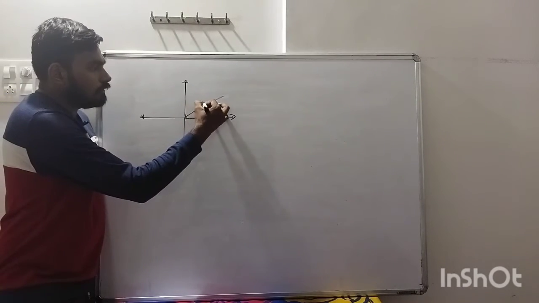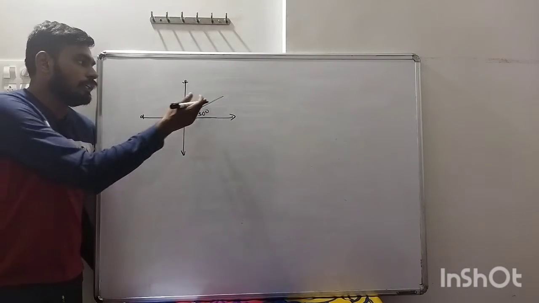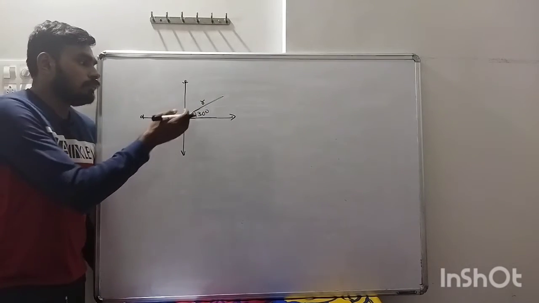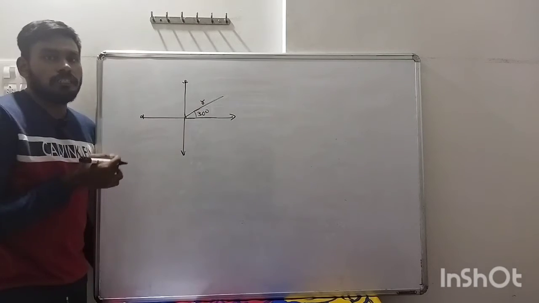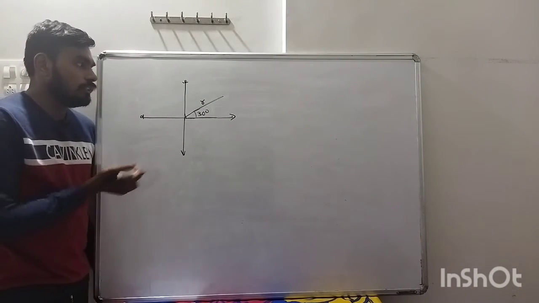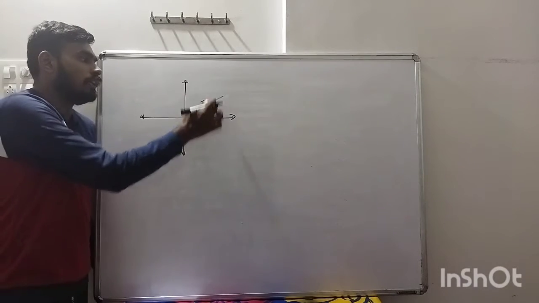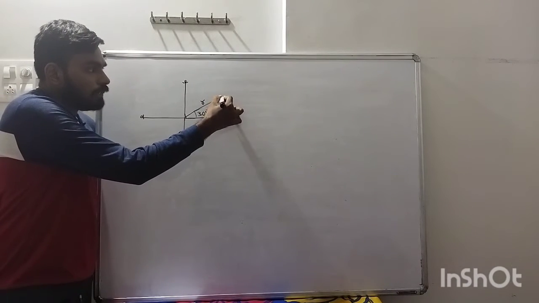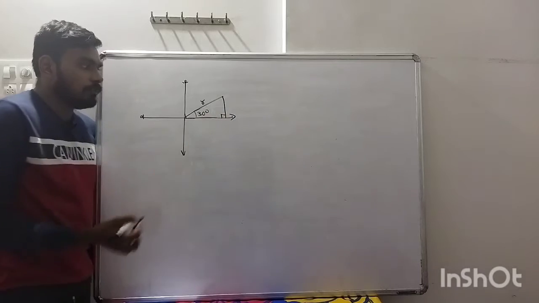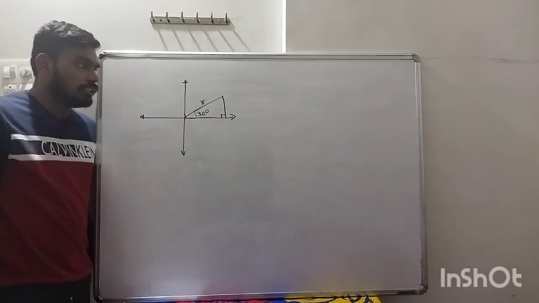Draw a line of radius r, which you take according to the 30, 60, 90 triangles. Whatever the hypotenuse is, you take it here as r, and then draw a perpendicular line. Always remember, draw a perpendicular line on the x axis.